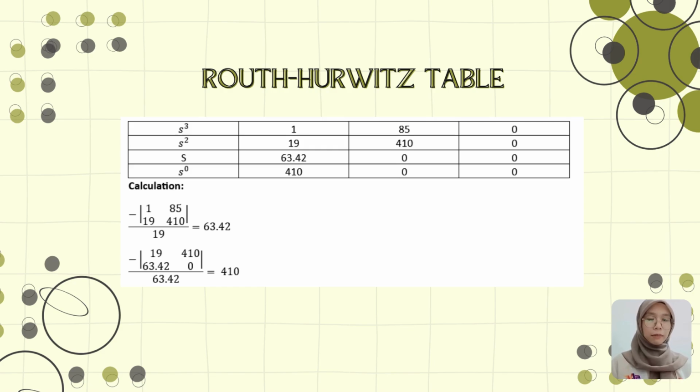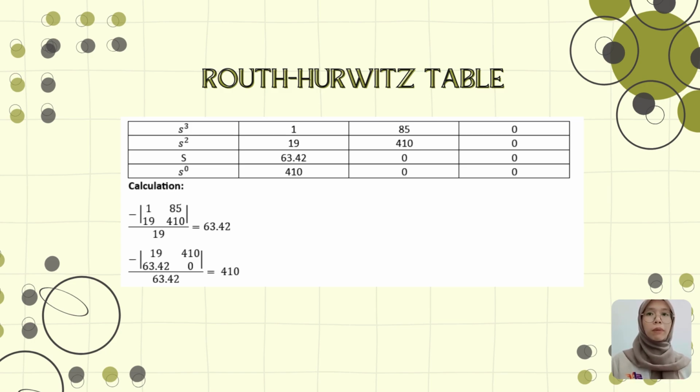Next, the Routh-Hurwitz table. To check the stability, the Routh-Hurwitz table is created from the characteristic equation. The entries in the Routh table are calculated using the Routh-Hurwitz formula. So, to compute 63.42 in one row, we cross multiply the s^3 and s^2 rows and divide by the first column of s^2.